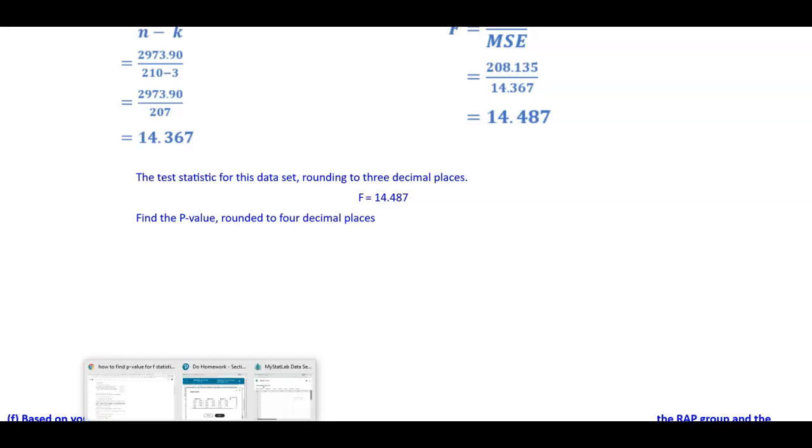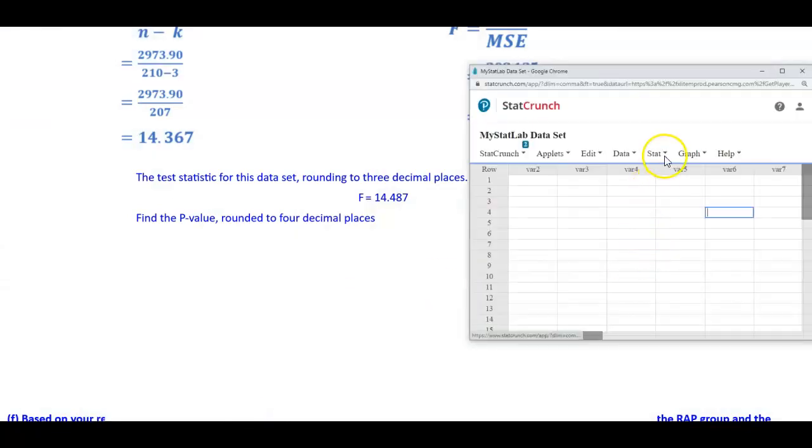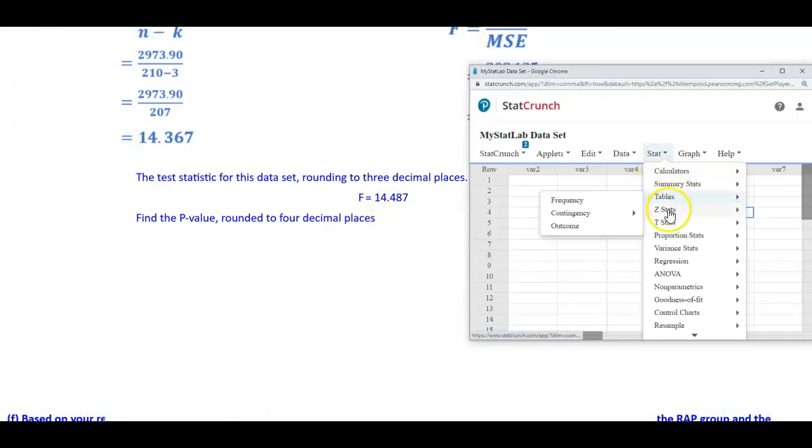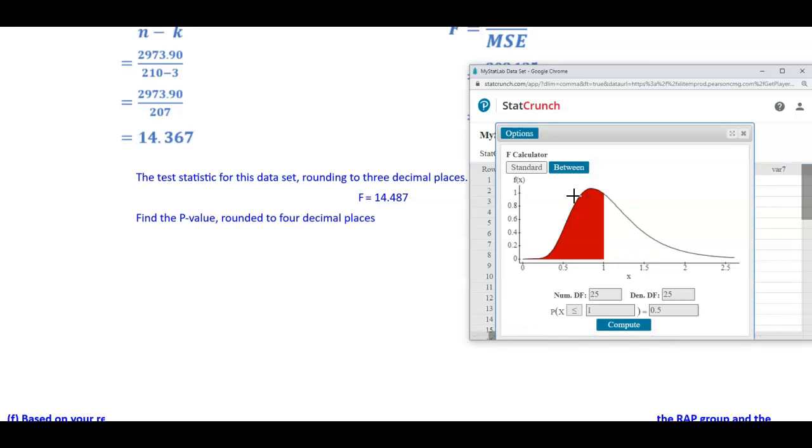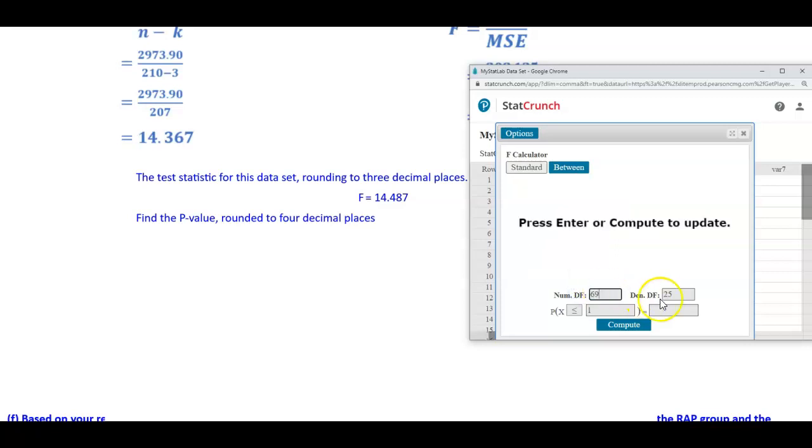So we're going to go to StatCrunch, go to Stat, select Calculators, and then go to F. We're going to use the numerator degrees of freedom. Since they're both the same, we have 69 here and 69 here, because 70 minus 1 gives us 69.